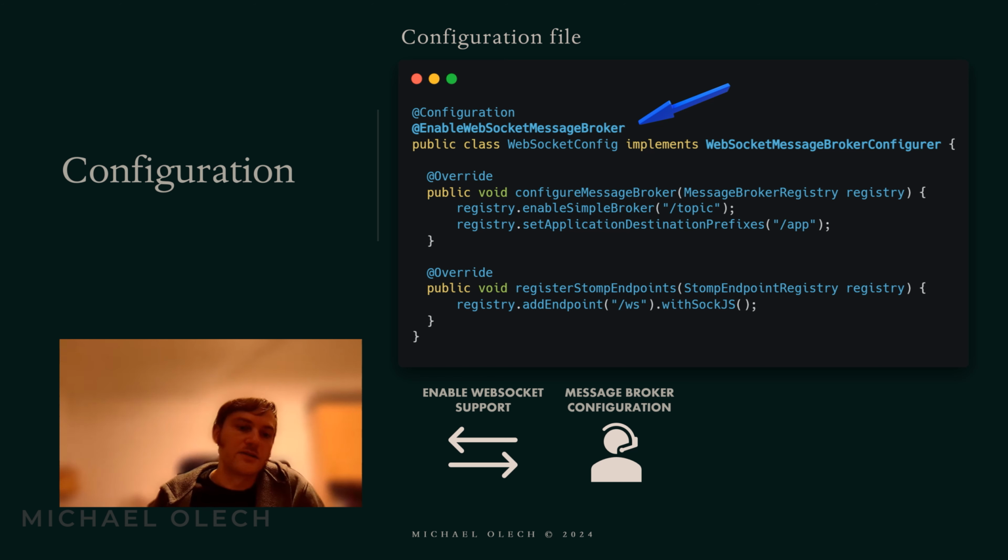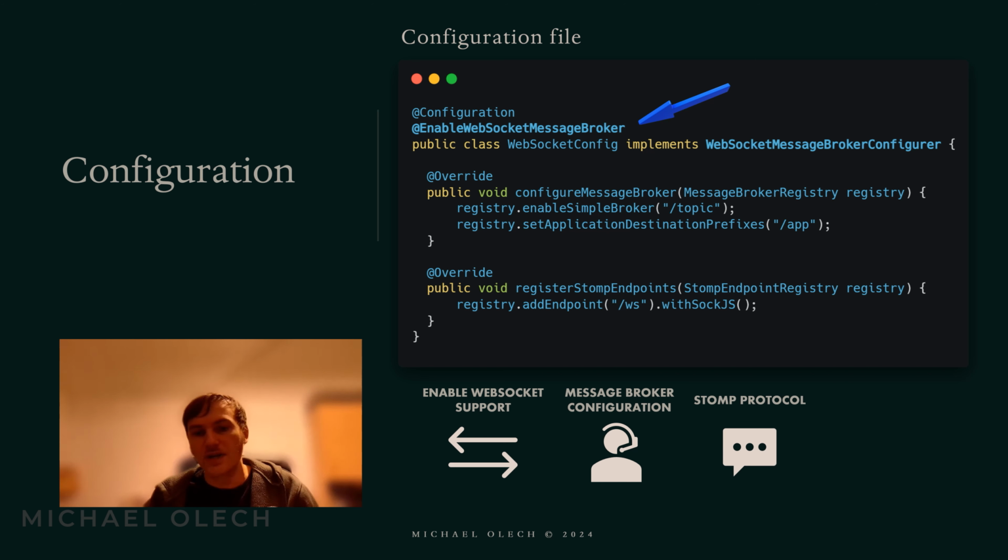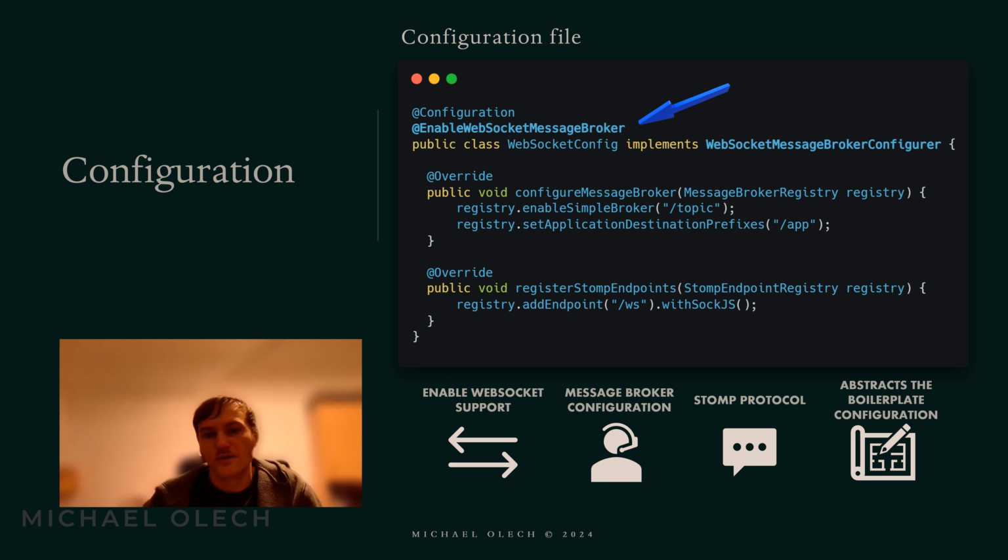Message brokers handle routing messages to the appropriate receivers. It typically works with STOMP, the Simple Text-Oriented Messaging Protocol, to handle the messaging. This allows you to define endpoints and message handling rules more conveniently. The annotation abstracts much of the boilerplate configuration, allowing you to focus on defining your application-specific WebSocket behavior.